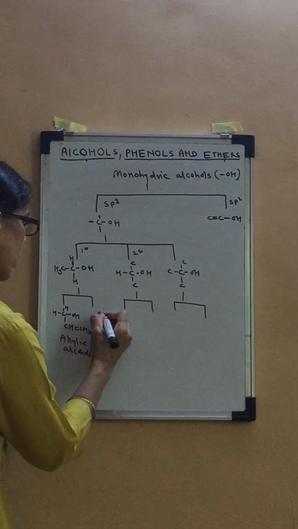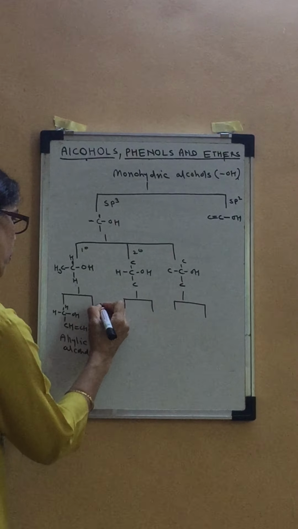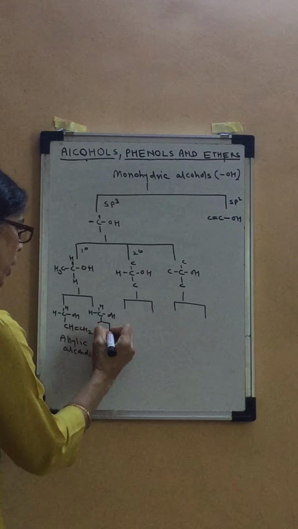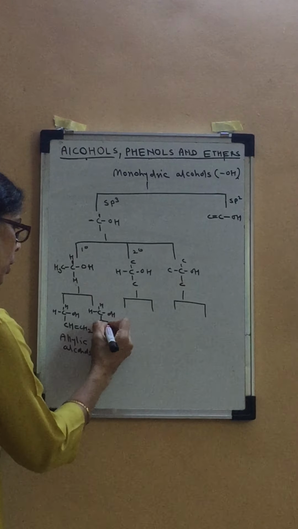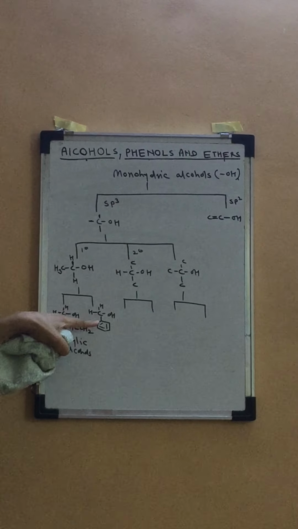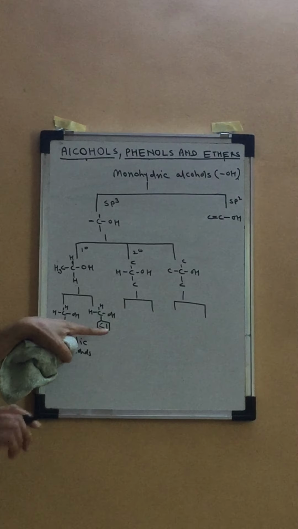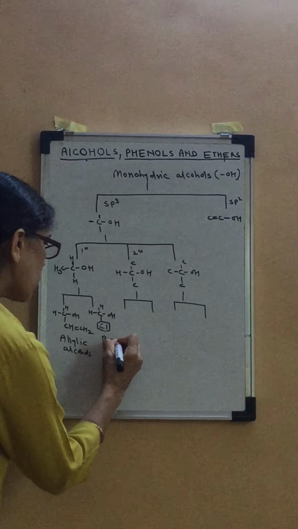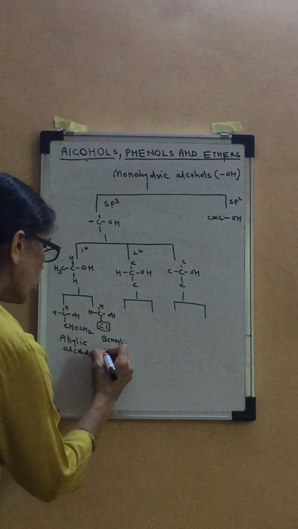Now we can have again the OH-carrying carbon atom, primary in nature, attached to only one other carbon atom which is part of an aromatic system. That becomes benzylic alcohols.